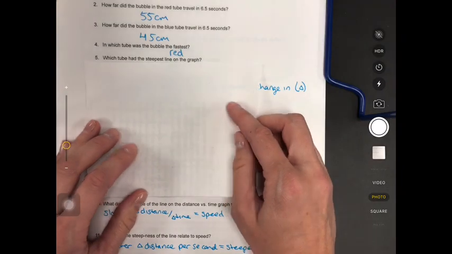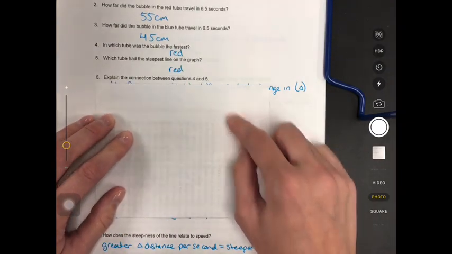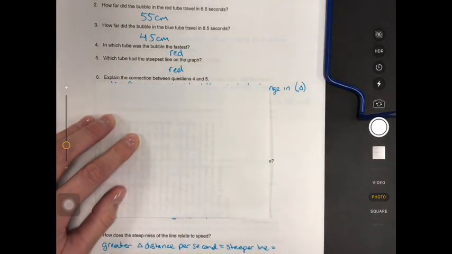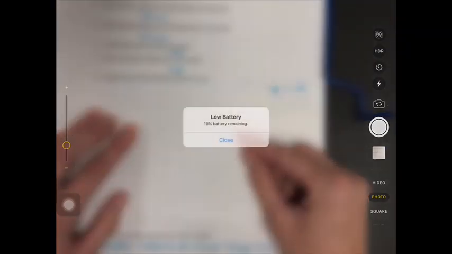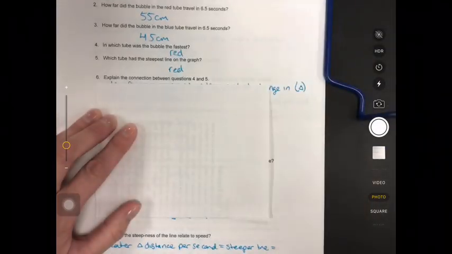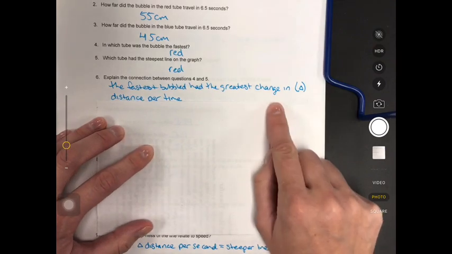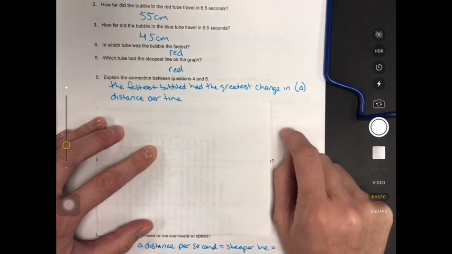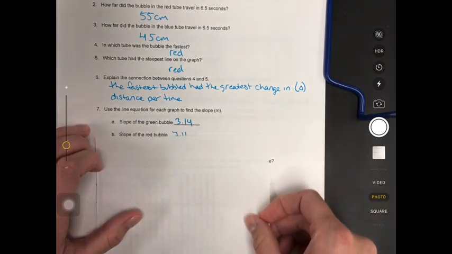The red one is the fastest, and the red one did have the steepest line. So what's the connection between these two questions? Well, if it's the fastest, it's covering the most amount of distance in the same amount of time, which means its change in distance, its change in the y-axis, is the greatest per the amount of time.